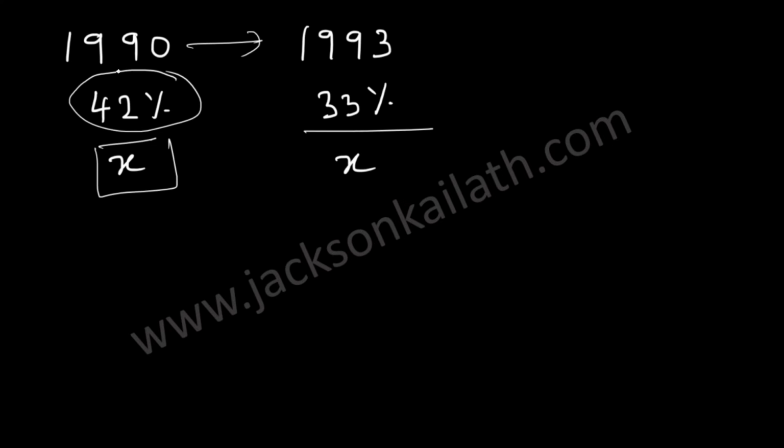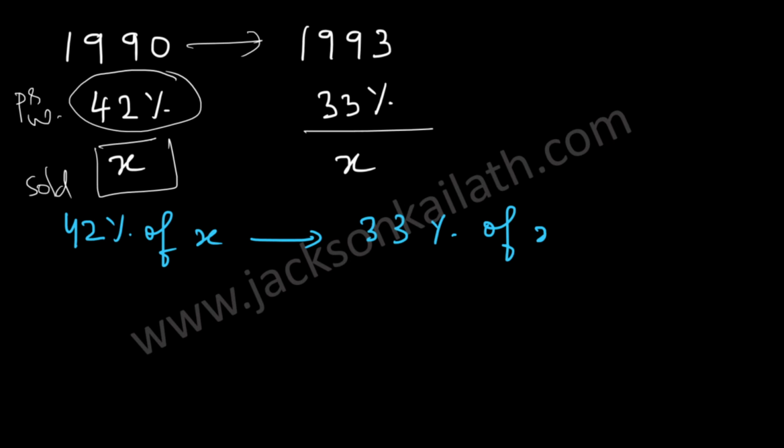So I can say that in 1990, the number of cycles produced and sold, so X is sold, right? And 42% is the share of the producers from Western Europe. So produced and sold will be 42% of X in 1990. And in 1993, it would be 33% of X.